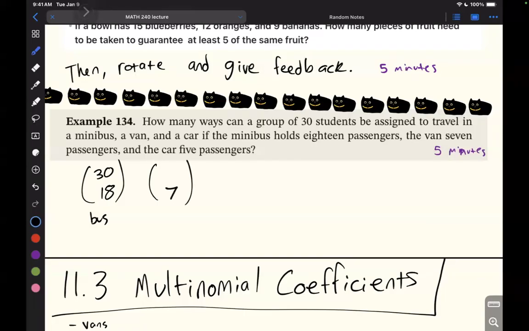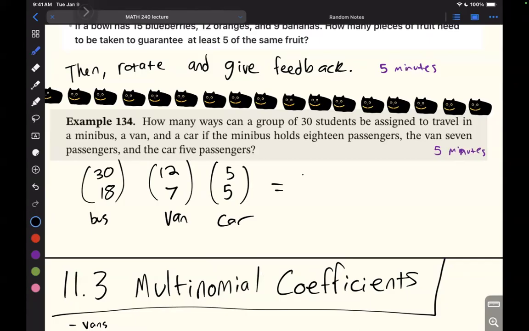What's the something? Yeah, 30 minus 18, 12 choose 7. And then we have proportioned this perfectly, and so then we have 5 choose 5. So this is the van, this is the car. Cool. Sounds good? All right.